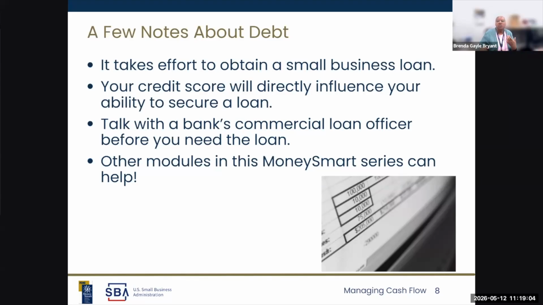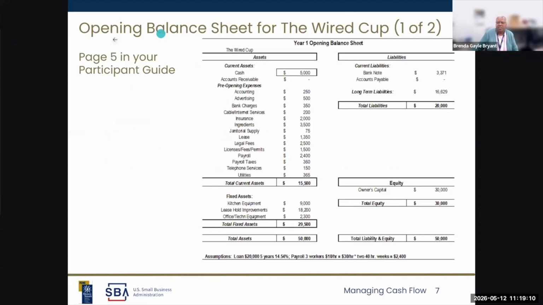So when we look at, let me go back to the balance sheet. This is Bob's balance sheet for the Wired Cup. So the opening balance sheet tells the story of how much money Bob used to start the business. That was that $30,000 that he said he got. And so he put in the $30,000 of his own money.